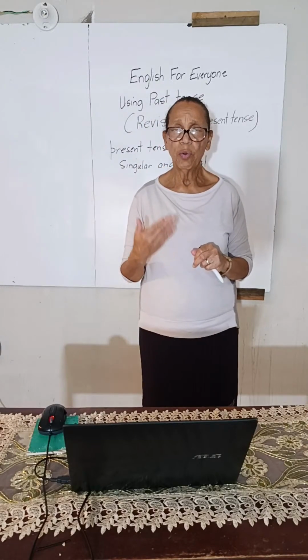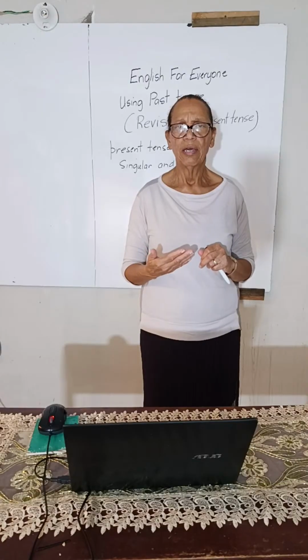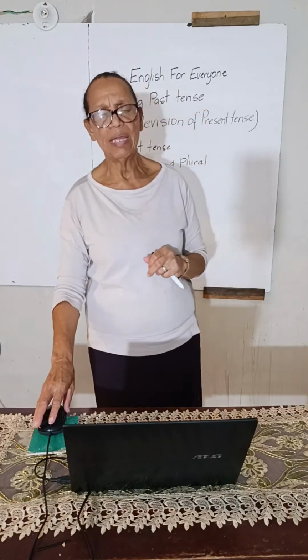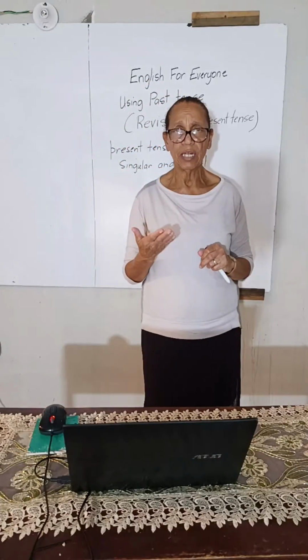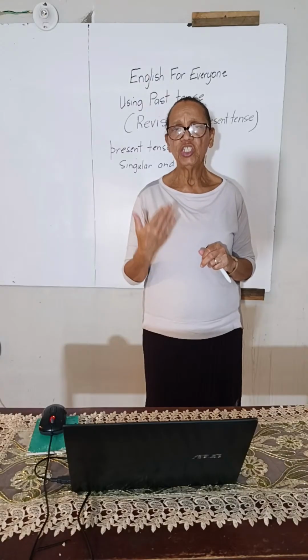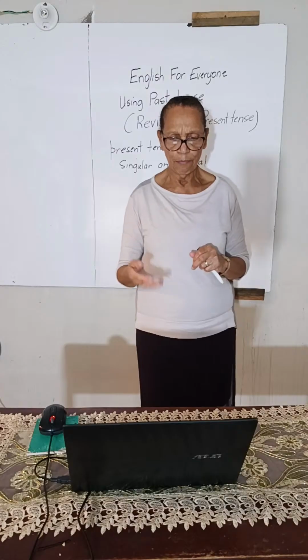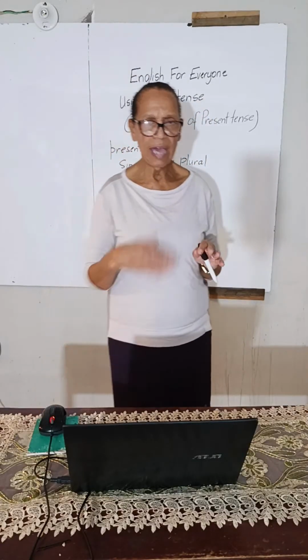So we use it for a permanent situation. Where you live, where you work can be a permanent situation. My father works at the hospital. She teaches mathematics, a permanent situation for a long time. All right, this is another one.